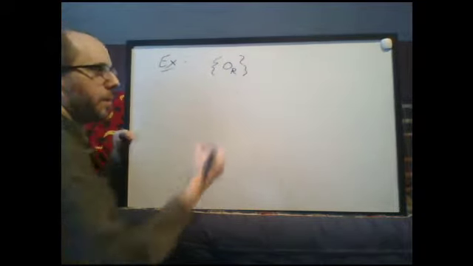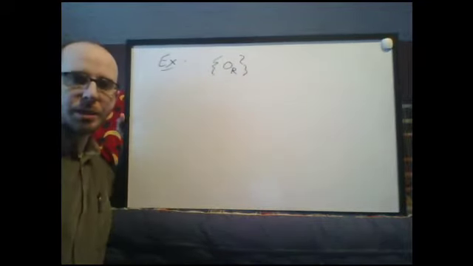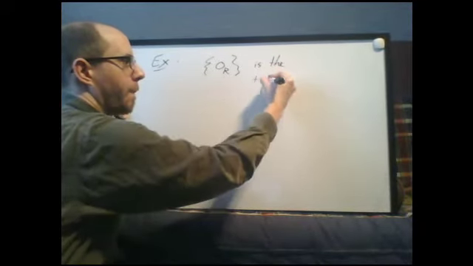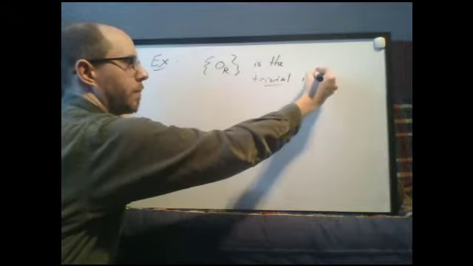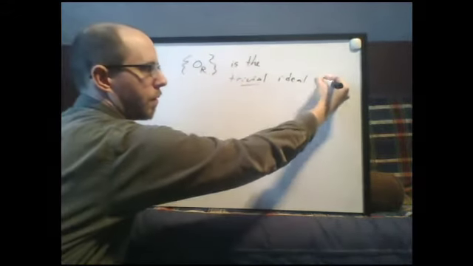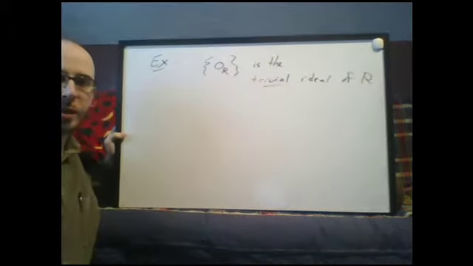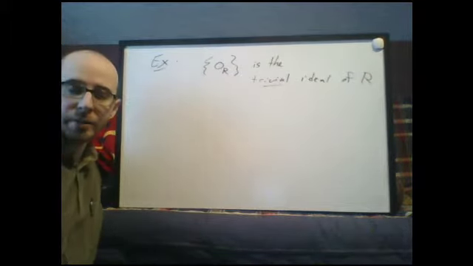So, examples of ideals. Let me start with the simplest examples first. If I just take the 0 element, that set by itself of just that one element, that is an ideal. It does satisfy the definition.